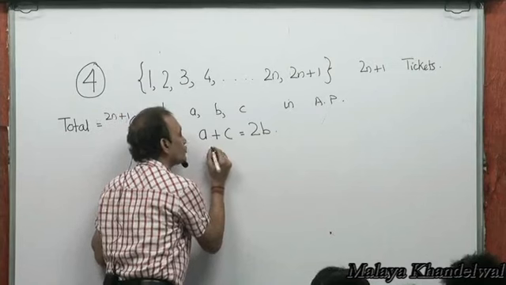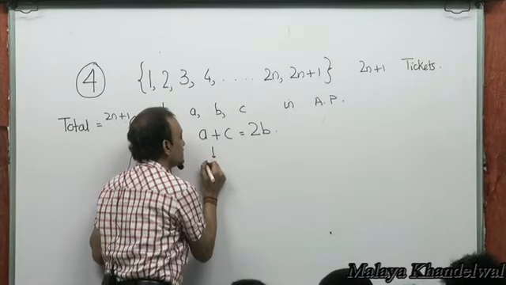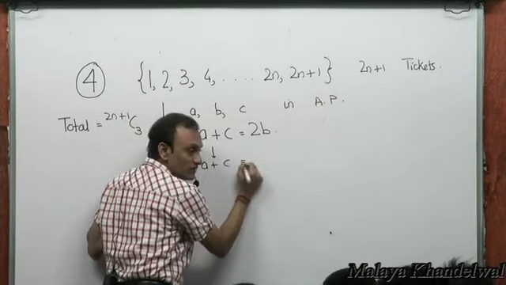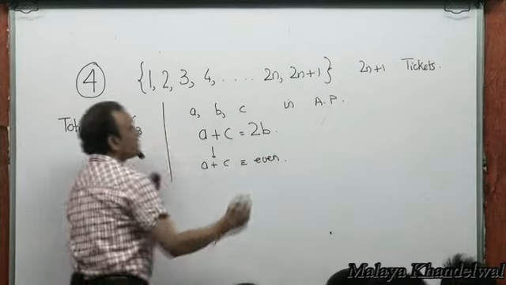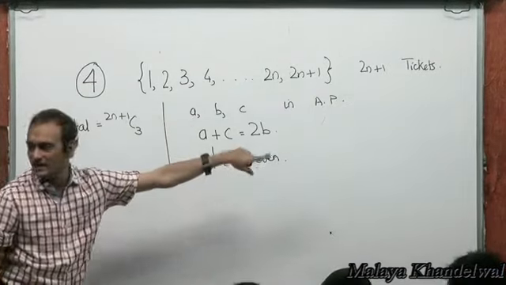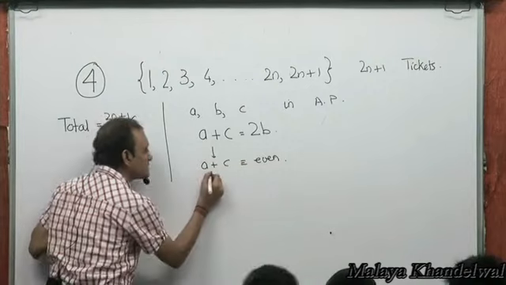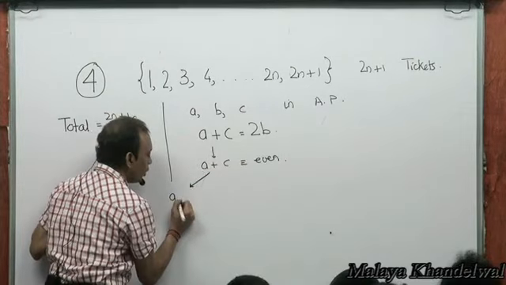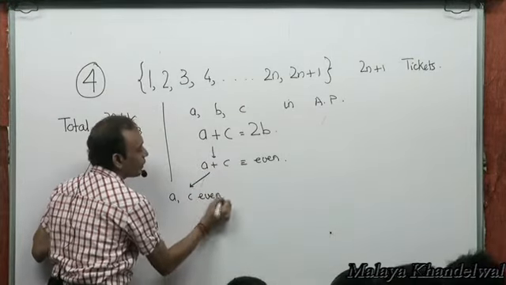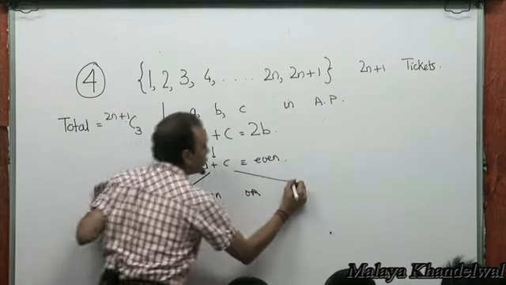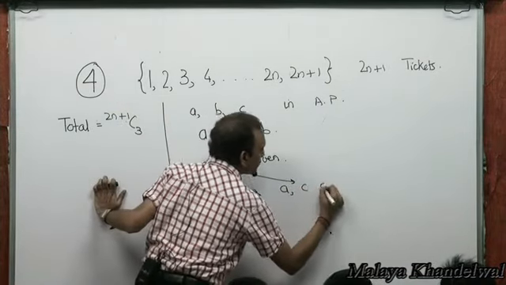So what is it that we want to eventually do? We want to select 2 numbers from the set such that A plus C is even. If A plus C is even, there are 2 possibilities: both A and C even, or both A and C odd.